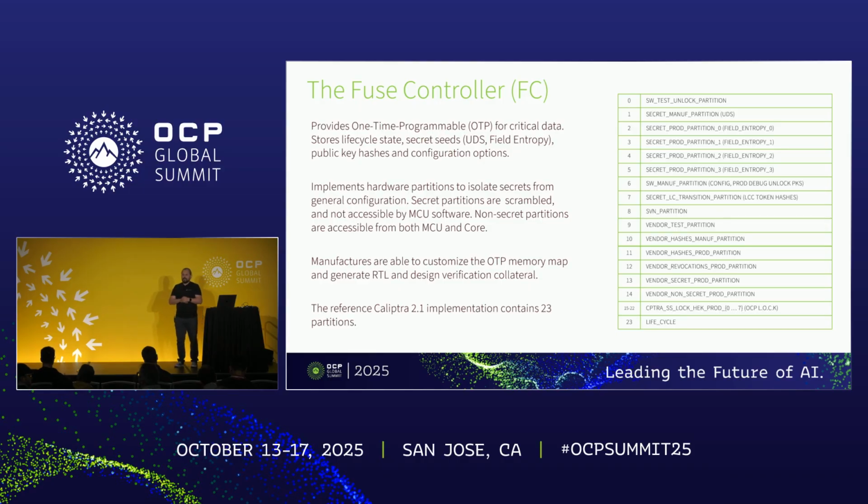Some of those partitions are used to implement, for example, OCP functionality. So it's a very extensive architecture. We also provide tooling to integrators so that they can extend the memory map as needed without having to work around the actual implementation and without violating the Caliptra integration specification.